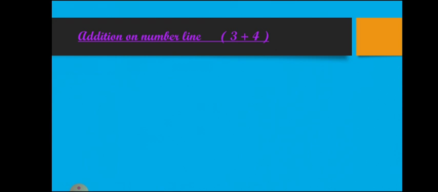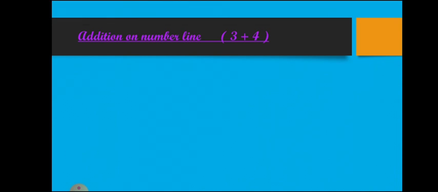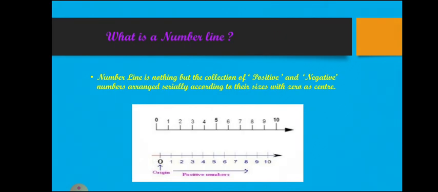How to draw a number line? Draw a number line and mark a point on it.